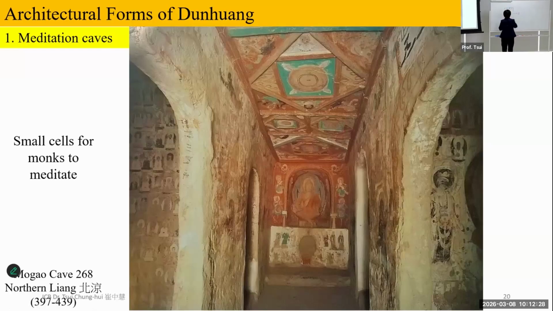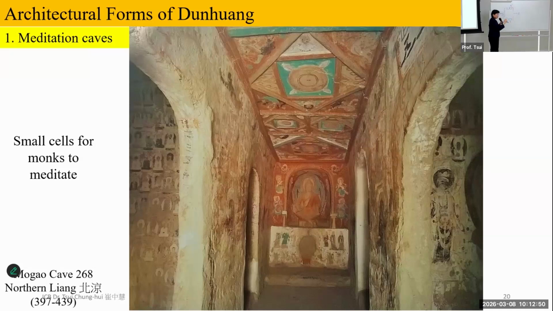So this is cave 268. And here we have a main altar. Here is the west, here is the south, and here is the north. So we enter into the cave.